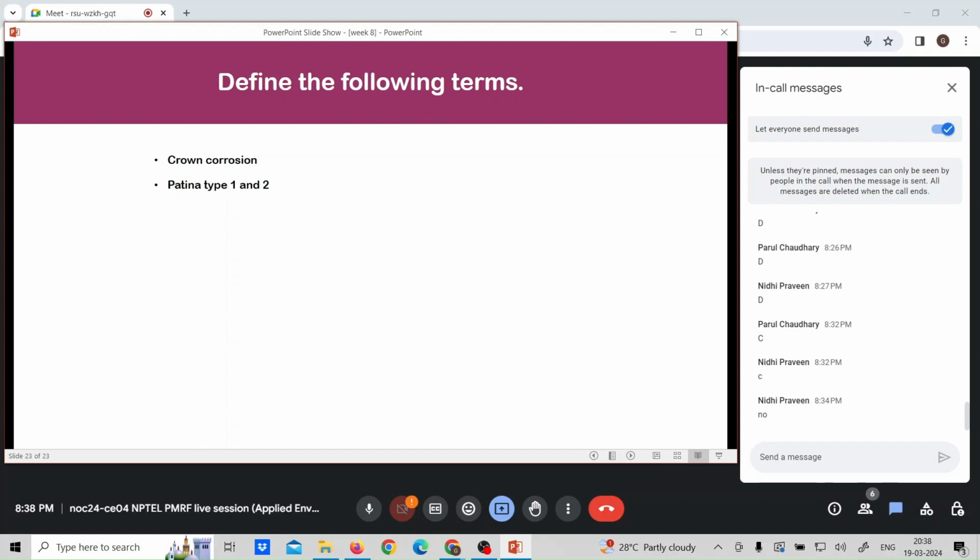There is some surface disturbance over the metal surface or the concrete surface of the building. So that is called patina. In type 1, you will have film formation, whereas in type 2, you will have corrosion. So that's the general difference between patina type 1 and type 2.